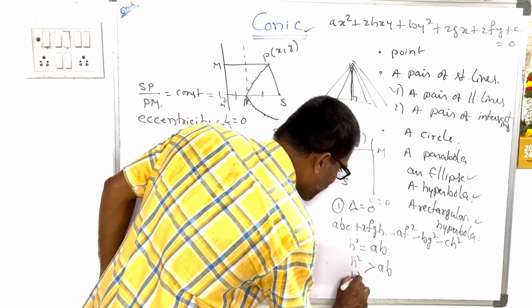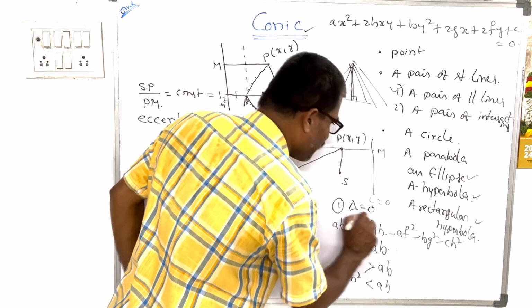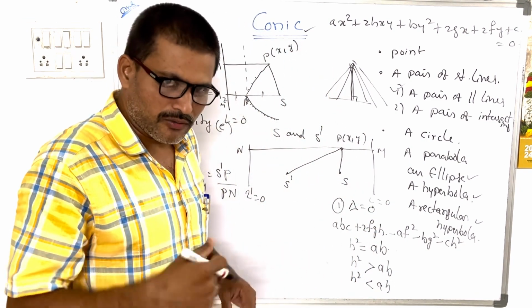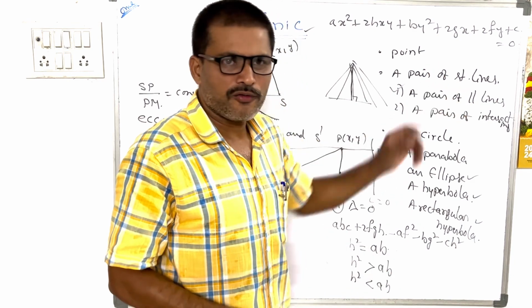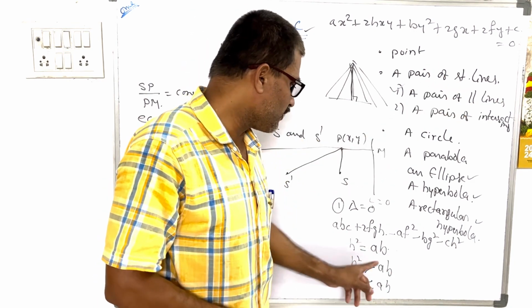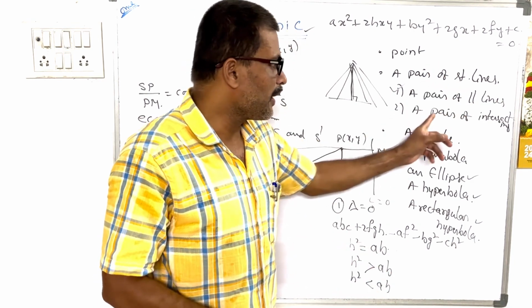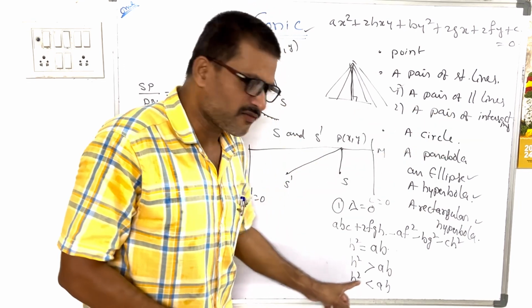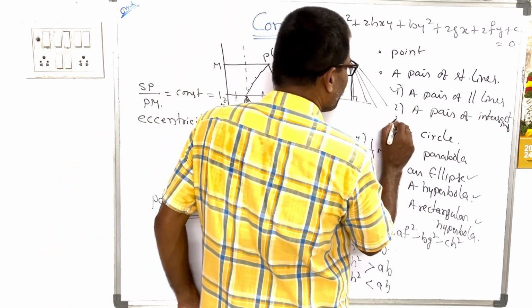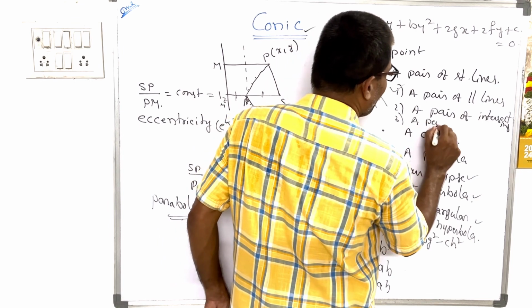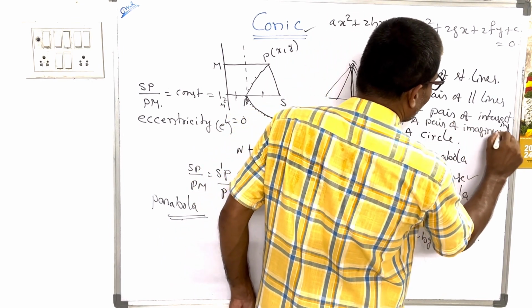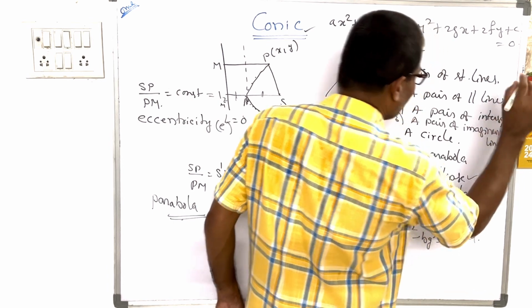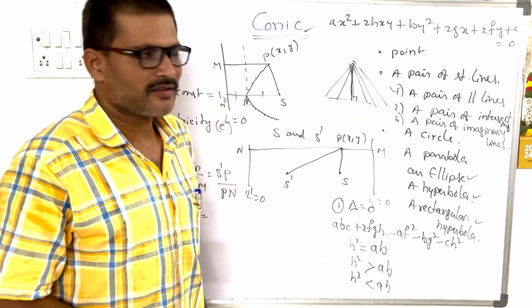Similarly, h square less than ab. Here always delta equal to 0, and one more condition: h square equal to ab, a pair of parallel lines; h square greater than ab, a pair of intersecting lines; and h square less than ab, the third one, a pair of imaginary lines.